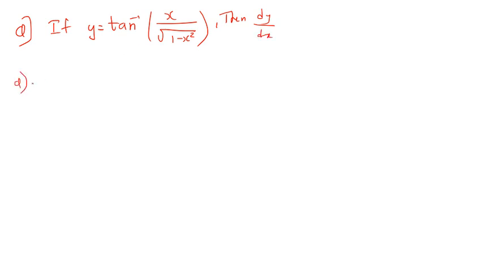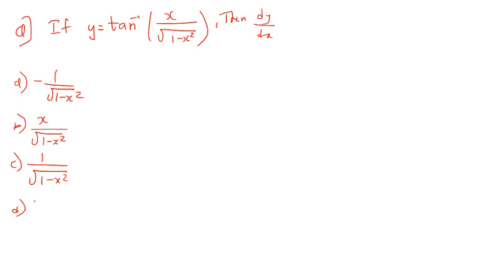Do it. I'll give you the options here this time. Option a, 1 by root of 1 minus x square, b, x root of 1 minus x square, option c, 1 by root of 1 minus x square, and option d they have given root of 1 minus x square by x.